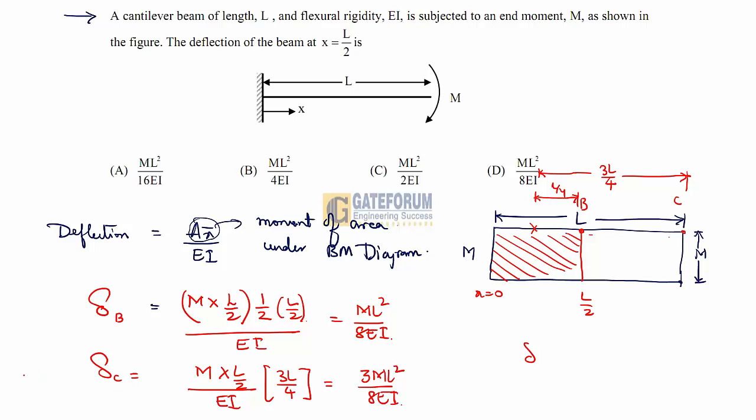This is delta C, which is the free end, and delta B is at the mid span. So our option is M L square by 8 EI, that is option D. This is the end of the question.